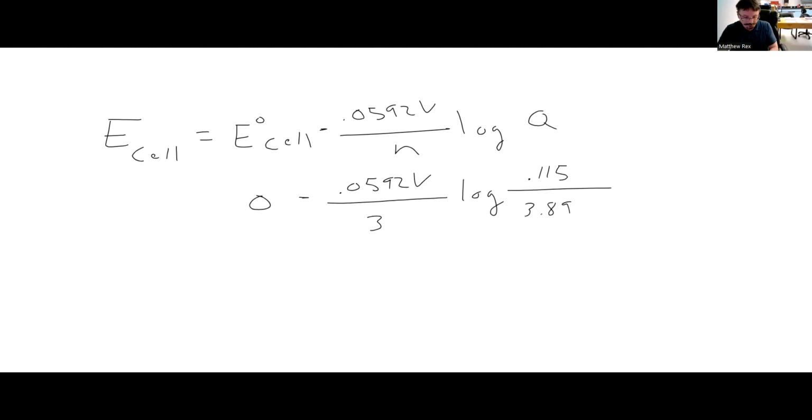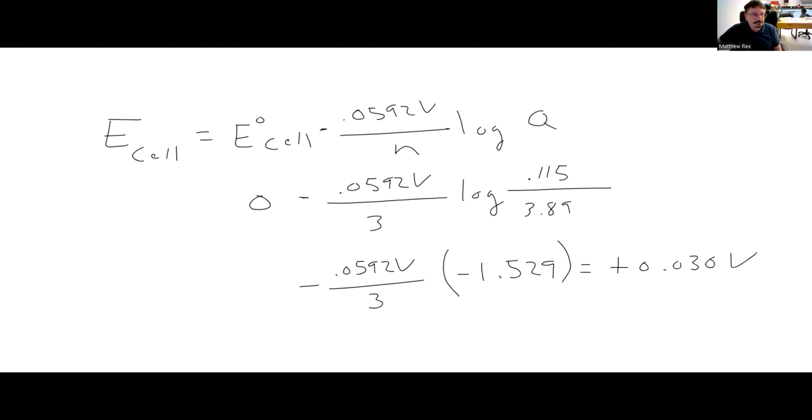So if I take 0.115 divided by 3.89, take the log of that, and we take our 0.0592 divided by 3, multiply that by that, we're going to get a positive 0.030 volts for that aluminum concentration cell.